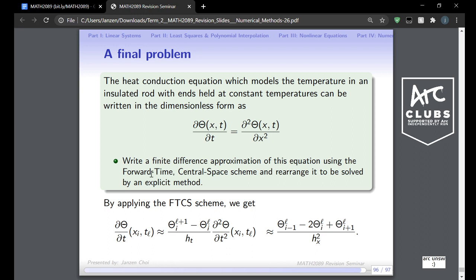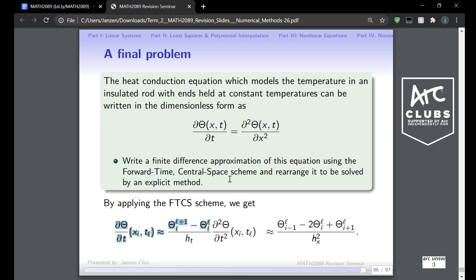And we know that they want us to use the explicit method because they asked us to use forward time difference approximation and central space difference approximation instead of the backwards version. And so we approximate the time derivative via the first order difference approximation, which gives us this expression here.